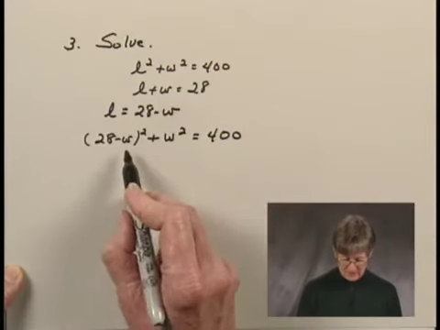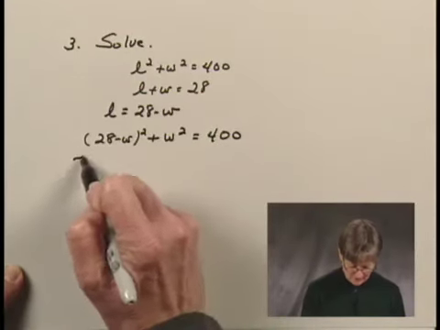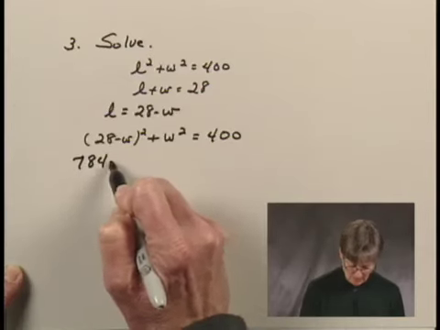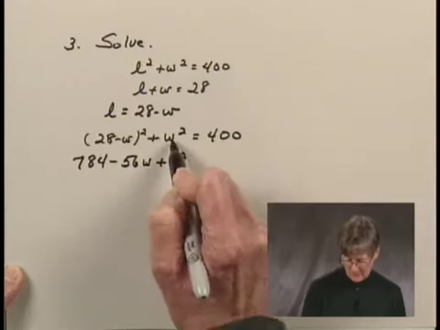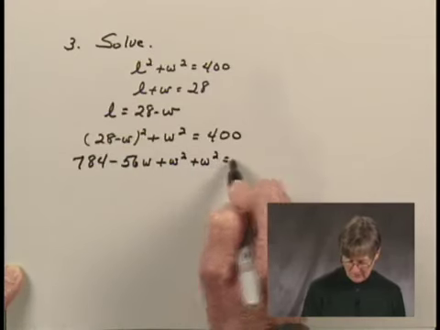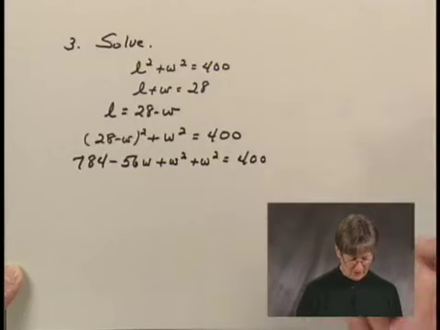And when I square 28 minus W, I get 784 minus 56W plus W squared, and then I have this other W squared here. That's equal to 400.